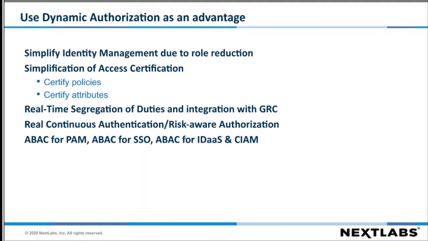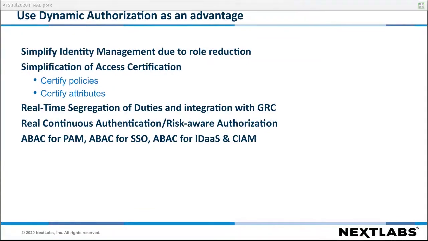And then a very critical piece for this was also the certification of attributes. So the certification of attributes happened as a part of the standard GRC certifications. So every year the organizations go through and review who has access to what roles in the system, and that happens in GRC.